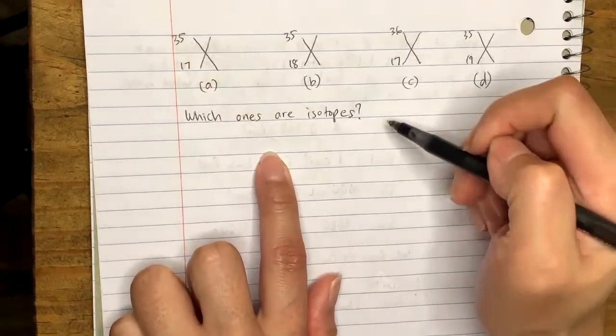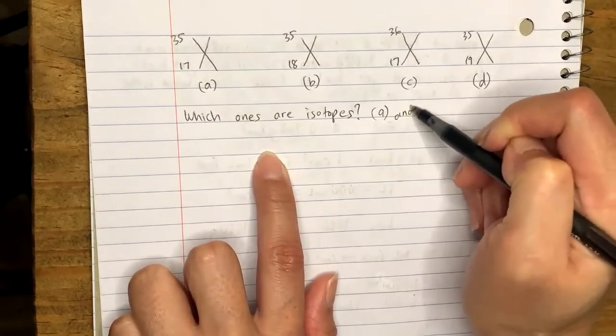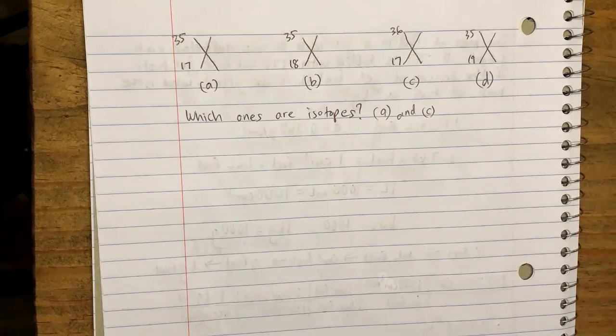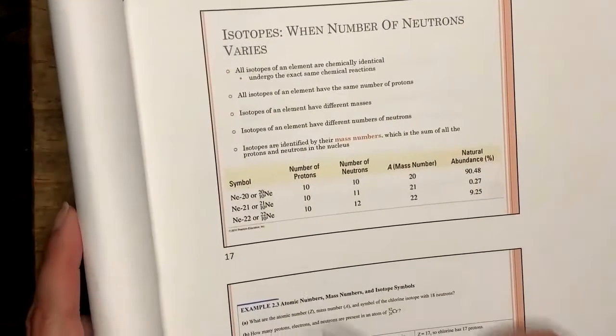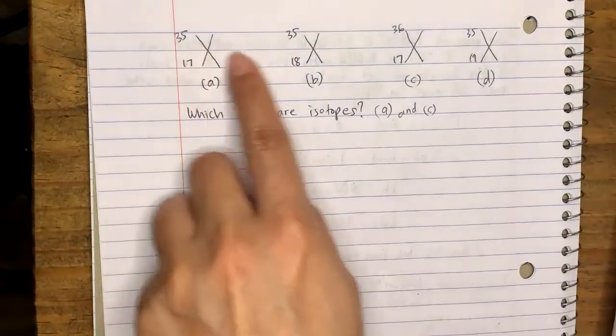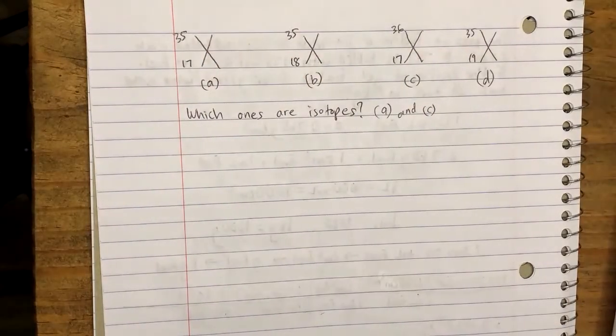That would mean A and C are your isotopes. Just wanted to make sure everyone understands that. A lot of times when you see a symbol with letters, it's easy to tell these are isotopes. But whenever you take out those symbols, you still have to remember which one is your isotope.